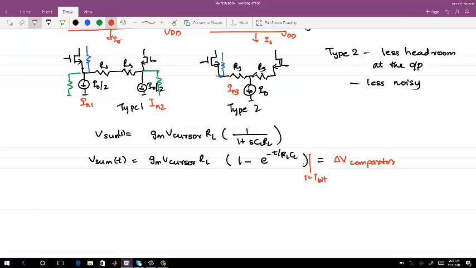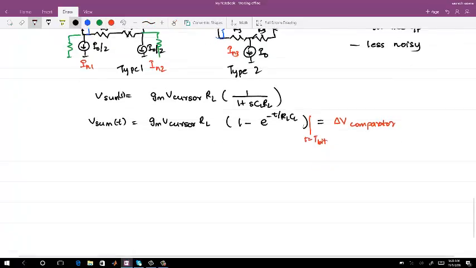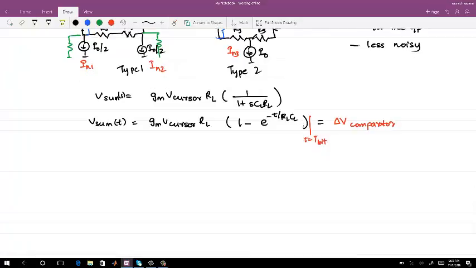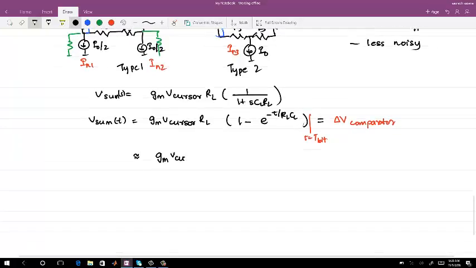So if I assume that it settles to 95%, and I say this is equal to GMV cursor RL is equal to delta V, which is required. Delta V is a requirement which is forced by the comparator.